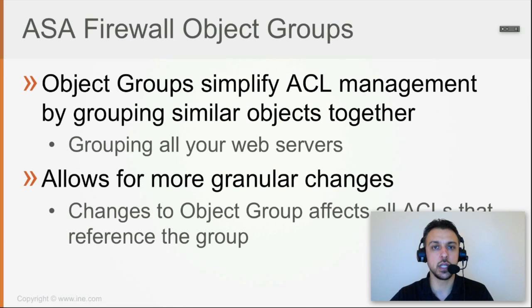If you use ACLs with a default configuration and the source IP address changes for whatever reason, you have to go on all access lists and change that IP. But if you use object groups to define the source IP and then reference the object groups in the ACLs, you just go in the object group, change the IP, and the ACLs will automatically get updated, because the ACLs are going to reference object groups at that point. You're not going to configure ACLs with IPs, but only with object groups. So it's much more scalable and more granular.